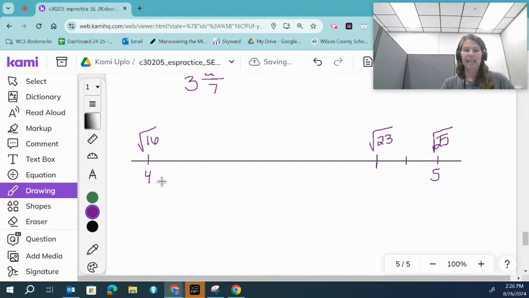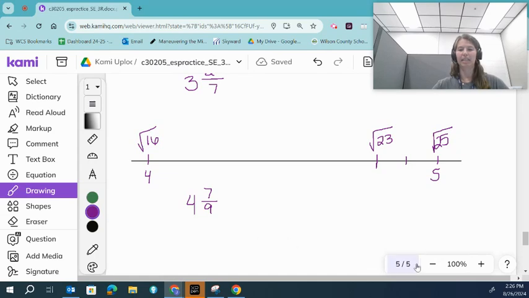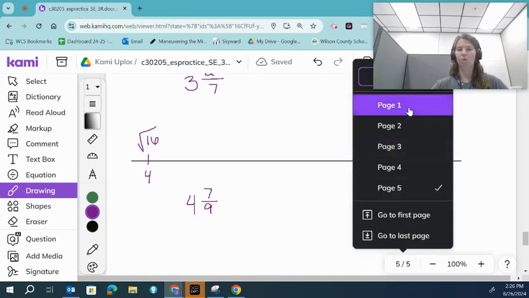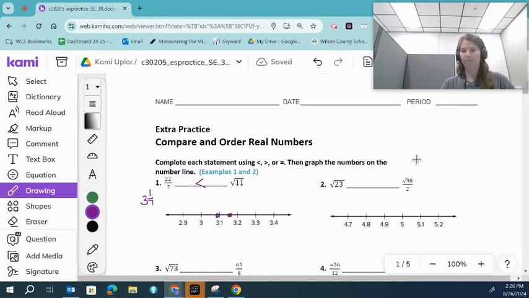And again, I have 4, and there are 9 spaces between the square root of 16 and the square root of 25. And the square root of 23 is 7 out of those 9 spaces. Okay, 4 and 7 ninths. So I'm going to write 4 and 7 ninths here for that one.